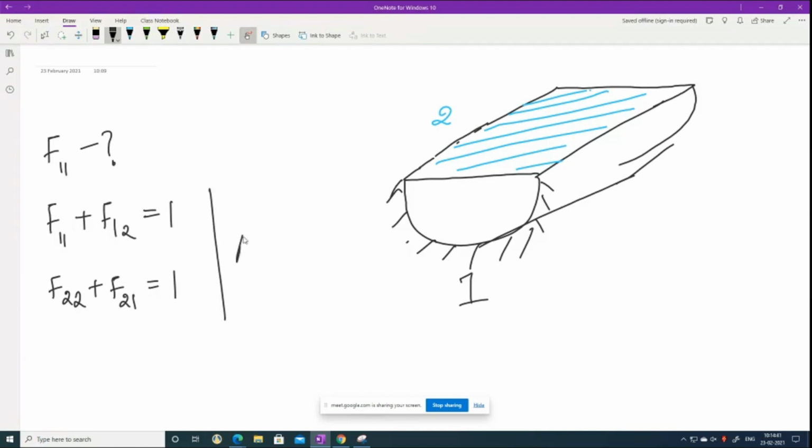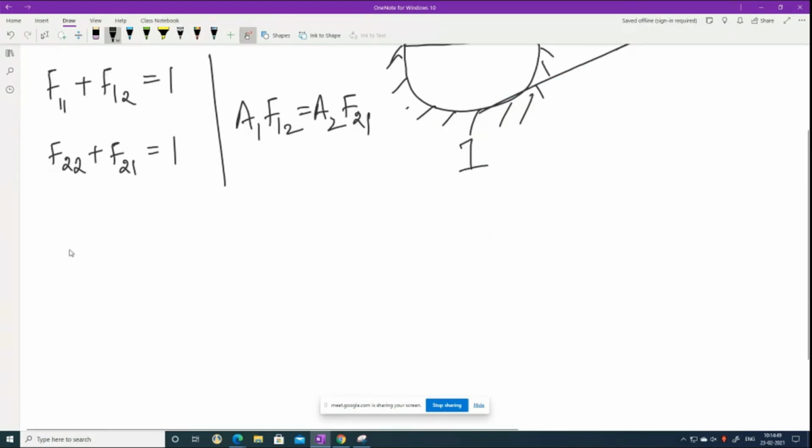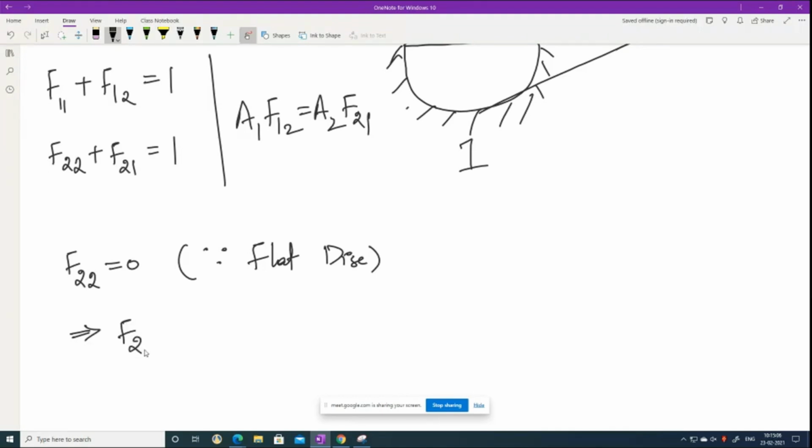Also, you know the reciprocity theorem, that is A1 F12 is equal to A2 F21. Now you will understand that F22 is equal to 0. Why is F22 equal to 0? Since this is a flat disk, F22 will be equal to 0. And that will imply that F21 is equal to 1.